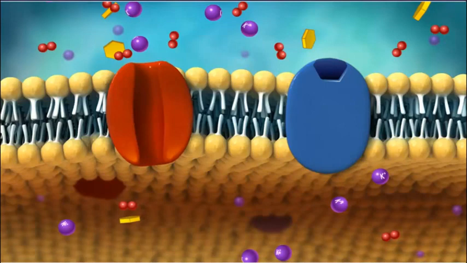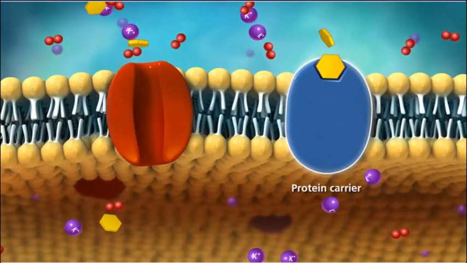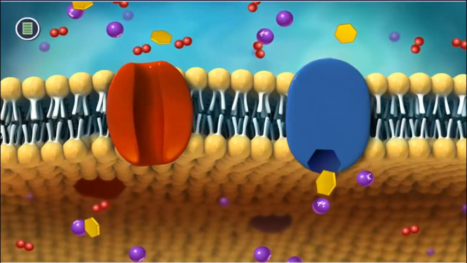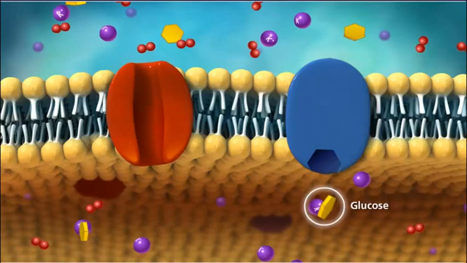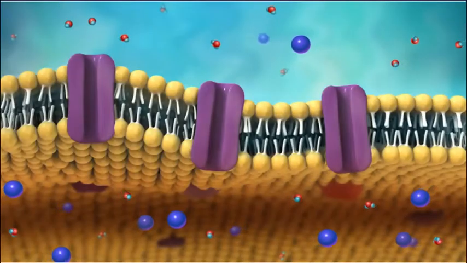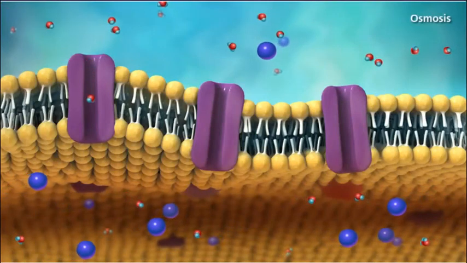The transport of other substances requires a special carrier that will bind the substance on one side of the membrane, which triggers a conformation change in the protein carrier, causing it to release the substance on the other side. When the substance being moved across the membrane is water, the process is called osmosis.